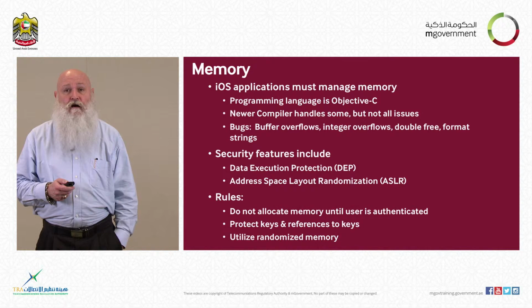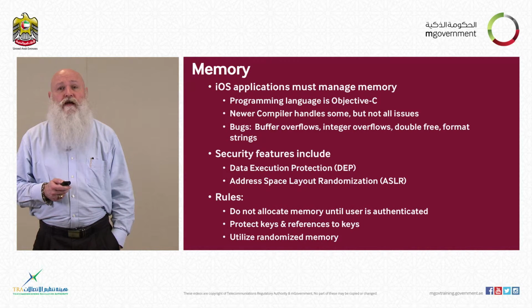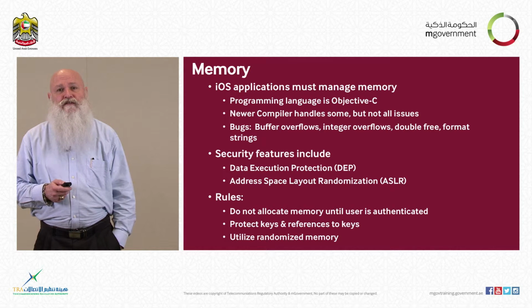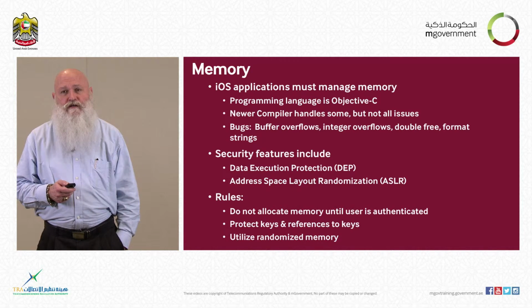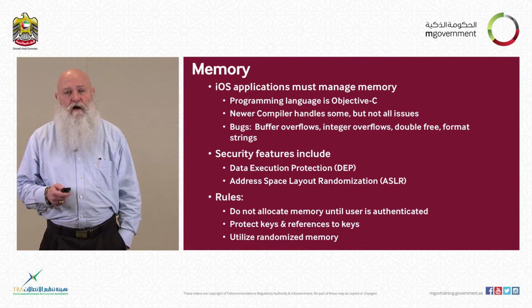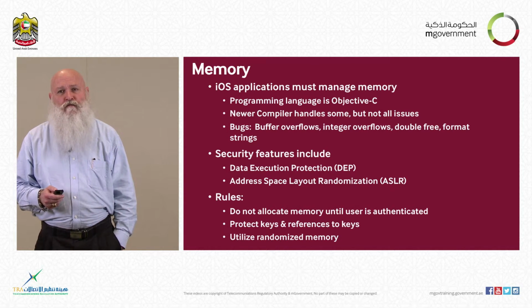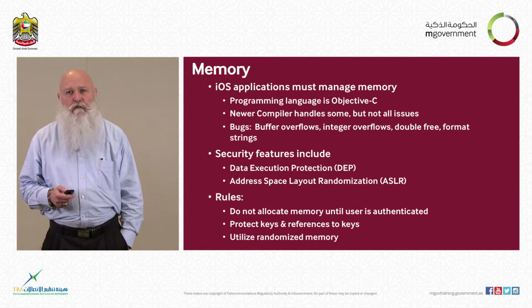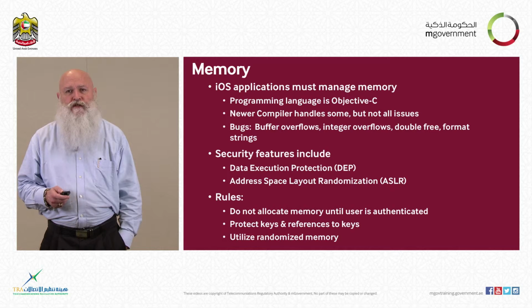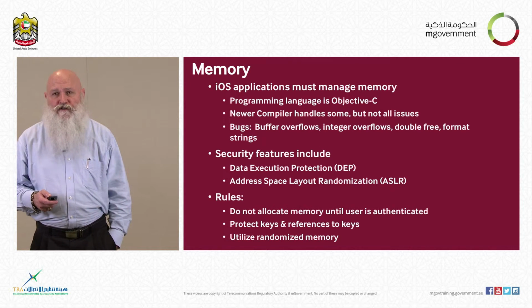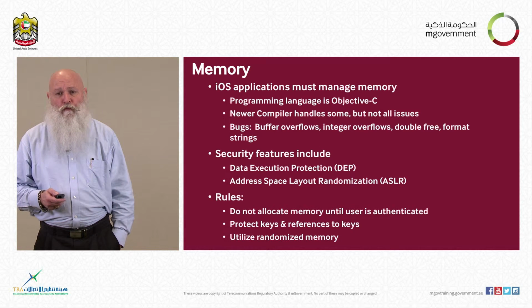Java, as a higher level, more modern language, takes care of all of those things for the programmer and developer, as does the C# language used in the Windows platform. On the iOS platform and the BlackBerry platform, which use a C family language, it's incumbent upon the developer to use safe and secure coding methods and functions to manage memory appropriately.